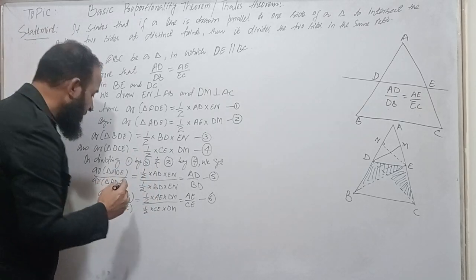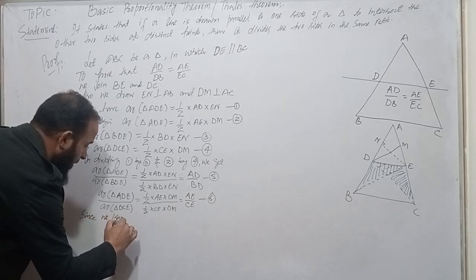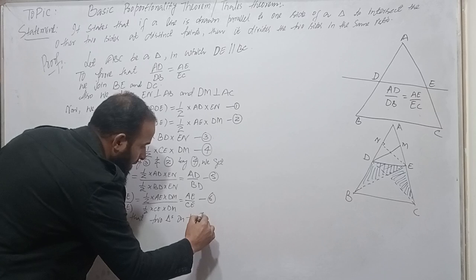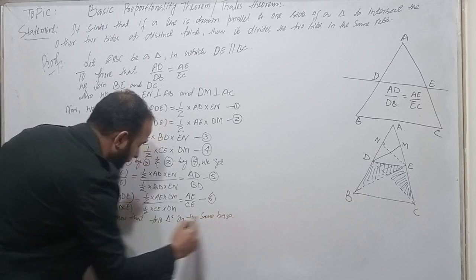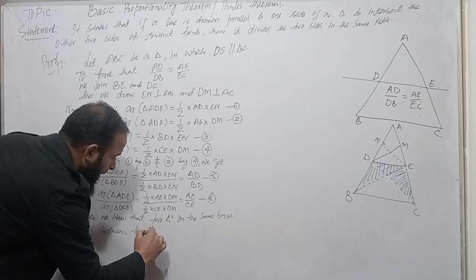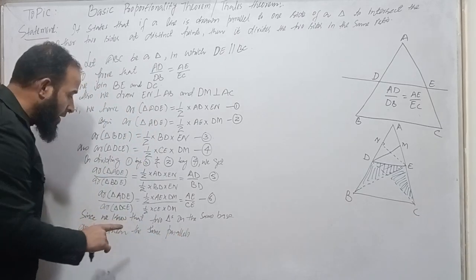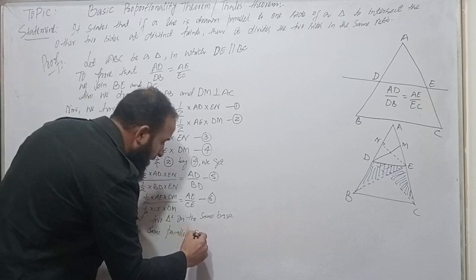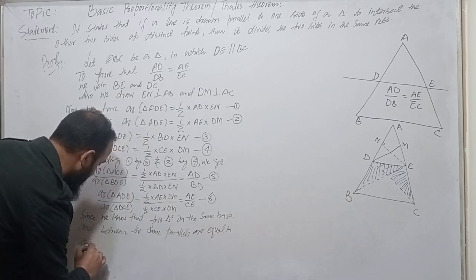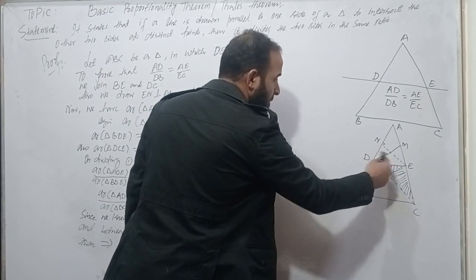What do we know about these triangles? Since we know that two triangles on the same base and between the same parallels are equal in area, which implies that these two triangles are on the same base and between the same parallels.